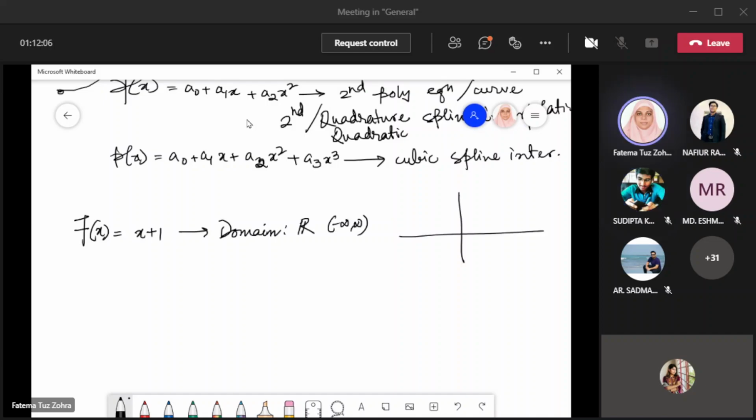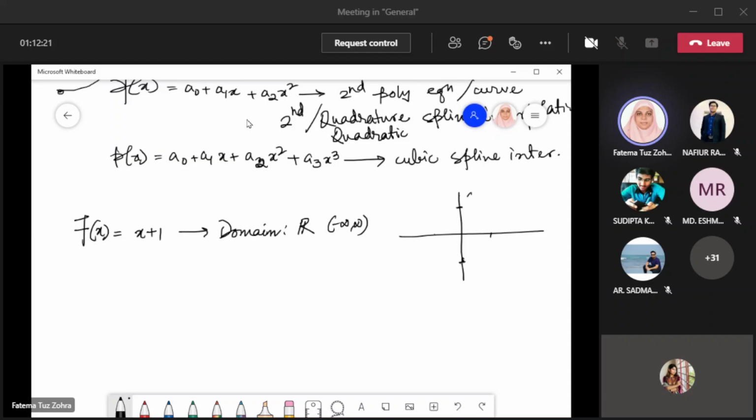When you draw the graph of y equals x plus 1, when x is 0, y is 1, the point (0, 1), and when y is 0, x is minus 1, the point (minus 1, 0). So this is the line, and this line is valid from minus infinity to plus infinity. So the domain is all real numbers.